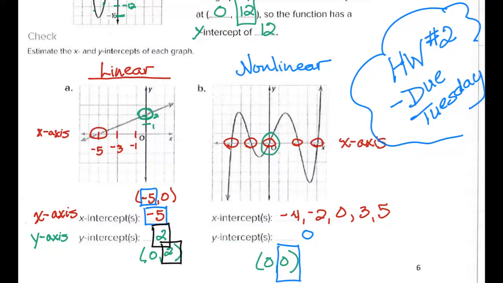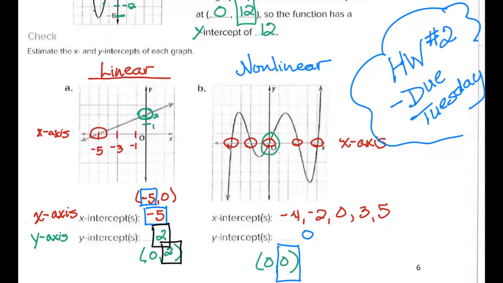That's what it means. And if it crosses the x-axis, it's going to have an x-intercept, which is the x-coordinate, and the y-coordinate is always going to be 0.